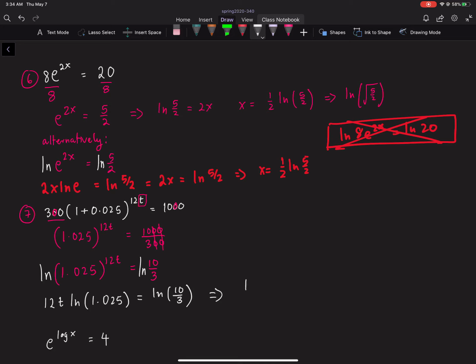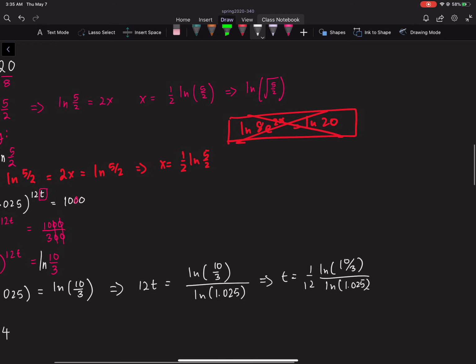Let's set it up this way. Trying to solve for t, 12t is equal to ln 10 over 3 divided by ln 1.025, and so t becomes 1 over 12 times ln 10 over 3 divided by ln 1.025.